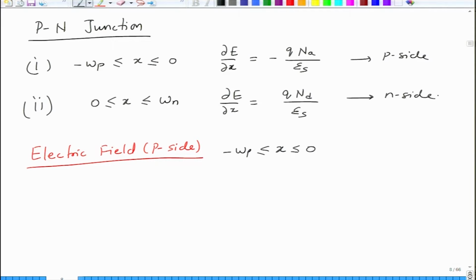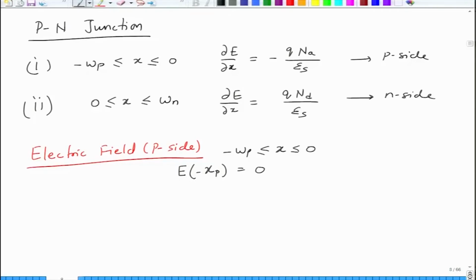For the electric field we need to apply the boundary condition, that is, E at minus xp is equal to 0, which means at the far ends of the semiconductor the electric field is equal to 0, because the bands are flat, right. So, we then write dE equal to minus Q Na divided by epsilon S into dx.